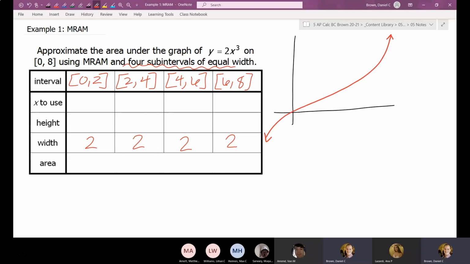And basically what we're doing is we are going from 0 to 8, and we are drawing in rectangles to approximate the area underneath the curve from 0 to 8. Again, there's different ways we can approximate it. This problem is asking me to use an MRAM. So we're imagining the midpoint is what's drawing out these graphs.